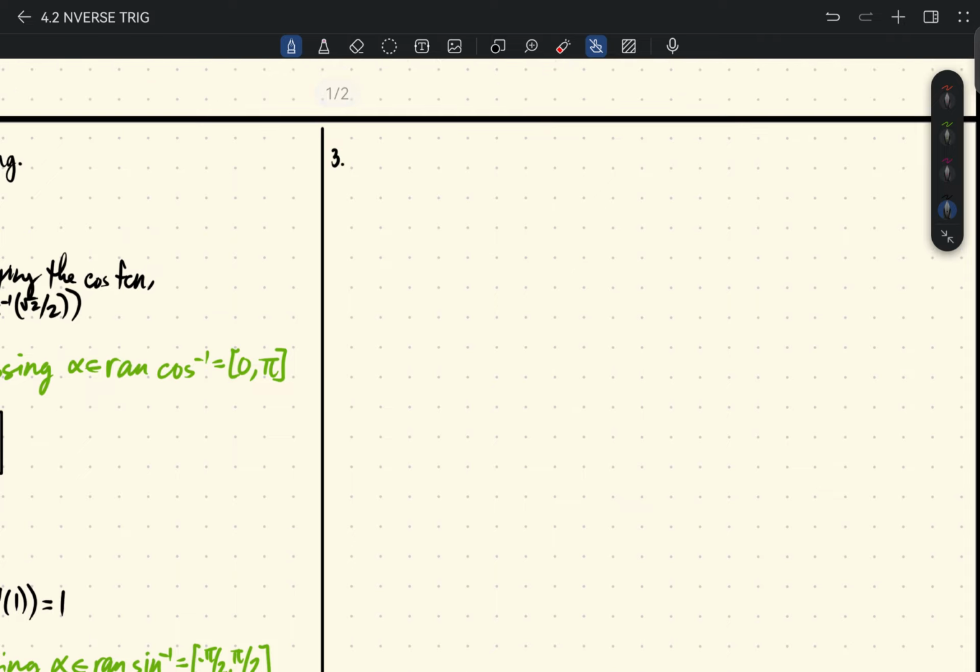Let's try for number 3. Arc cot of square root of 3. So again, when we say arc cot, this is just the same as cotangent inverse. So first and foremost, let's check if square root of 3 is inside the domain of arc cot.